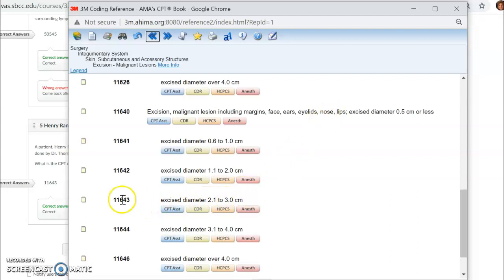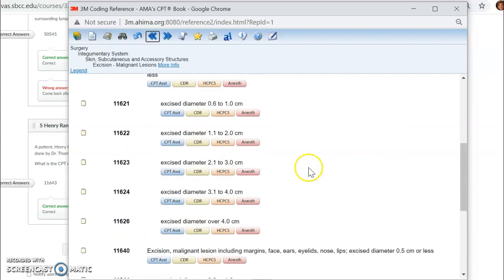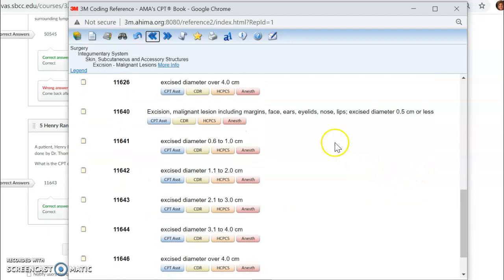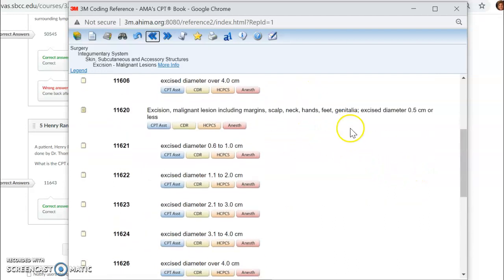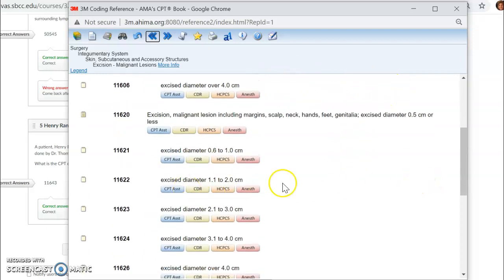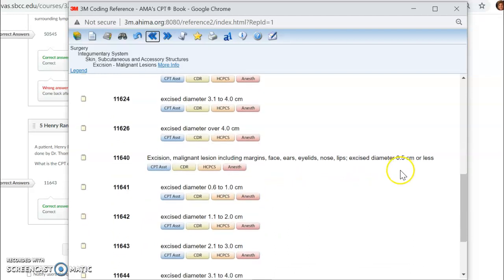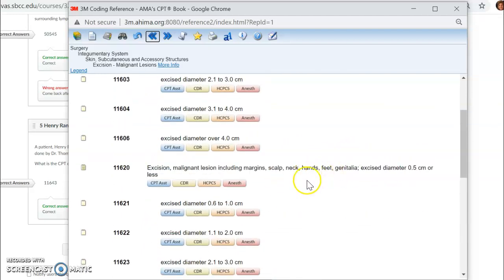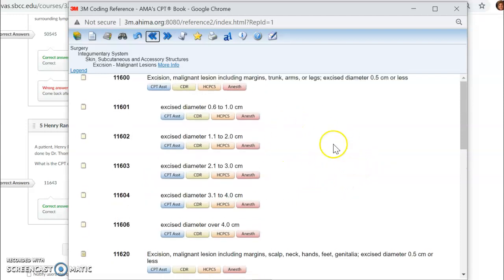So that's why it's going to be in this area. I had some students up in this area. I mean, that's where it kind of starts there, but we go down. When you're doing excision, you read through each category, and then this will help out. So just make sure you're in the right area. For a minute there, I kind of scanned to the wrong area as I read through it.